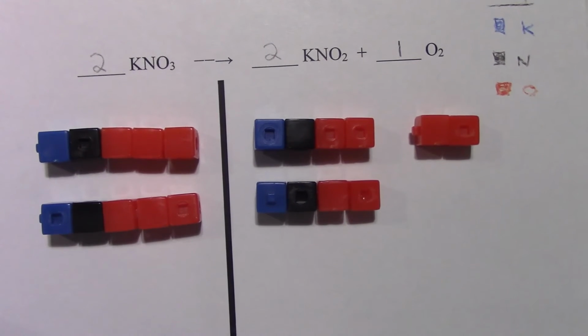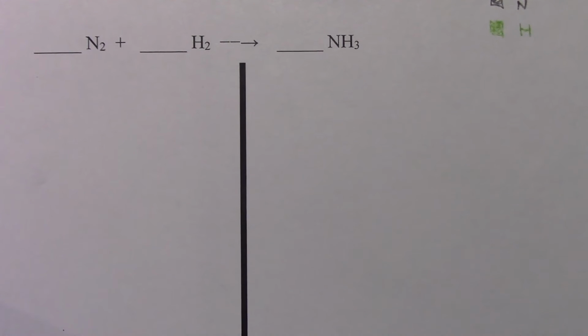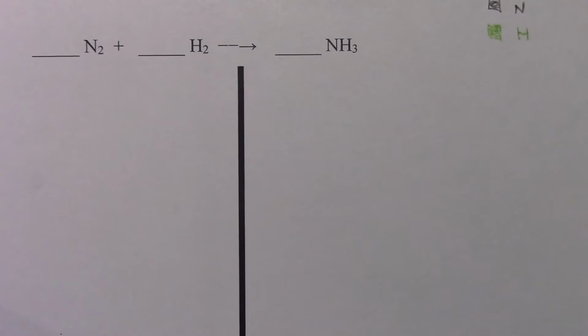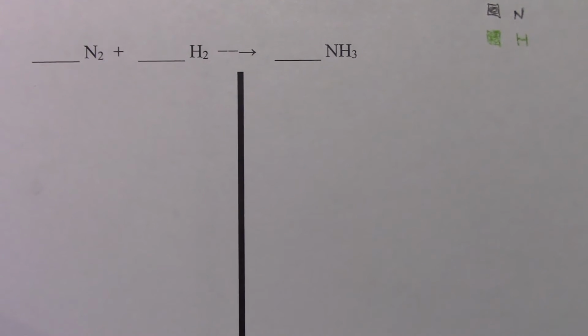Okay, let's look at another example. So in this example, we have a molecule of nitrogen, a molecule of hydrogen, and it's going to yield some molecules of ammonia. And let's see how many.